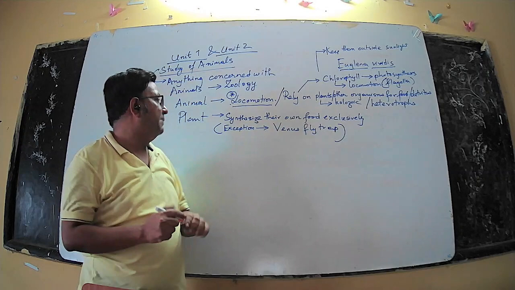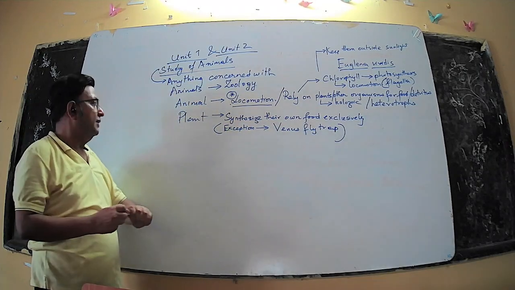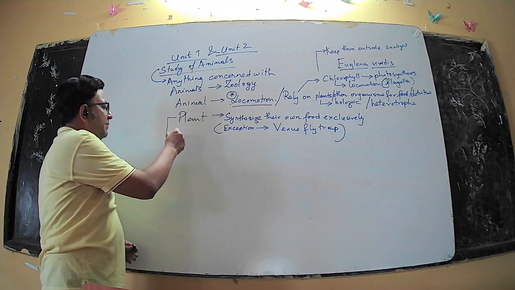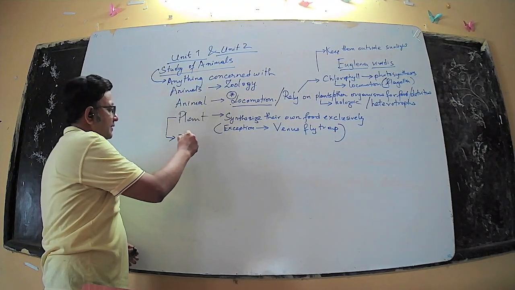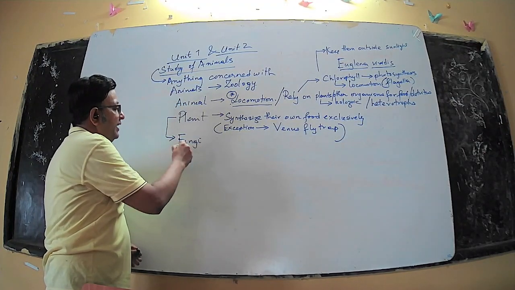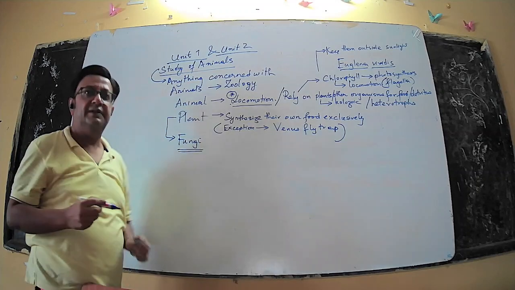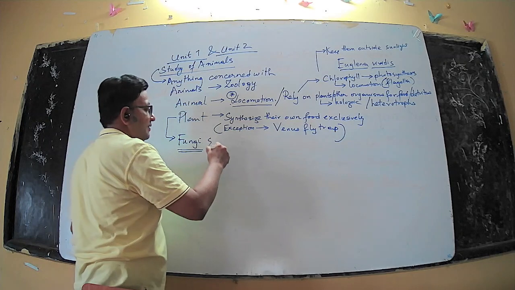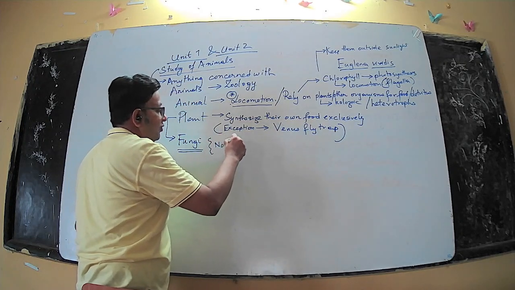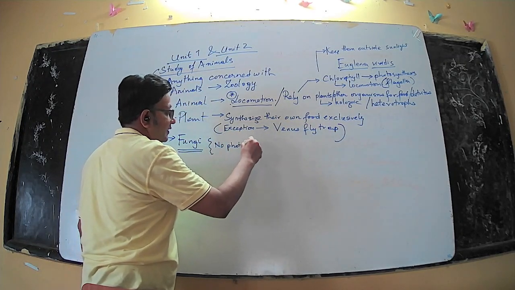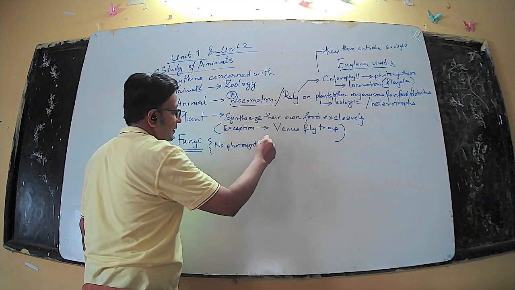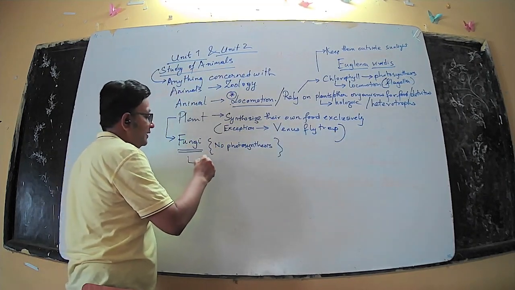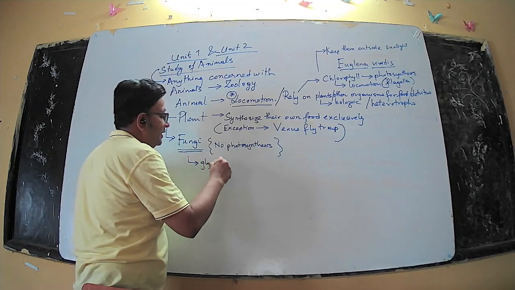Now in plants there is one group where there is a debate whether you can keep them in plants, and that is the fungi. Very strange thing. No photosynthesis. There is a biochemical compound known as glycogen.